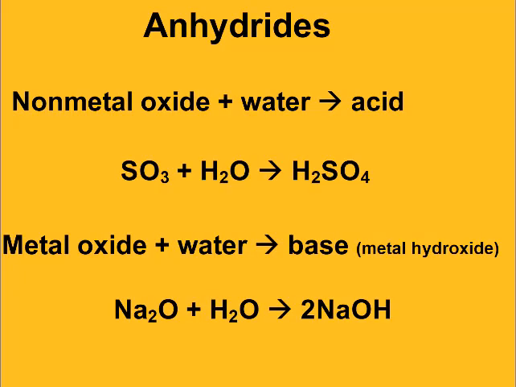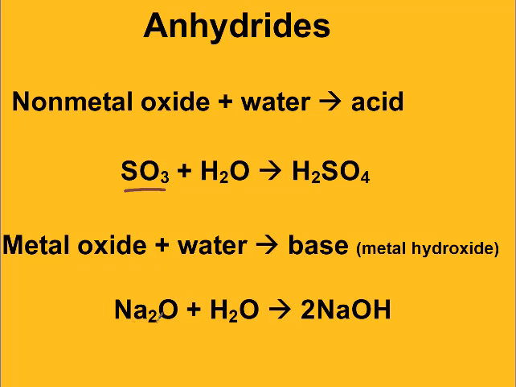Finally, we have anhydrides. When you have a nonmetal oxide in water, it's going to produce an acid. Because the bonds between sulfur and oxygen are strong, they're going to attract the hydrogen in water to make an acid. While metal oxides in water make bases, being metal hydroxides.